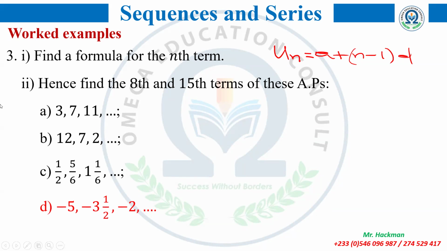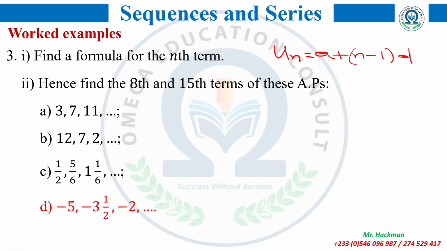Okay, so let's look at worked example 3. We are supposed to find a formula for the nth term. Hence, we are supposed to find the 8th and the 15th terms of these APs. So these are what we are given. We have two ways of solving.